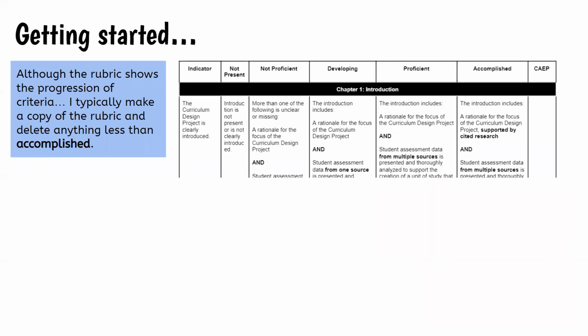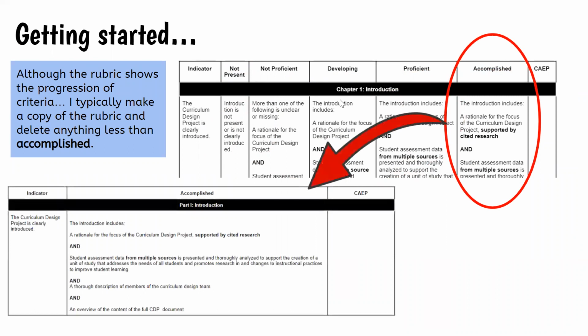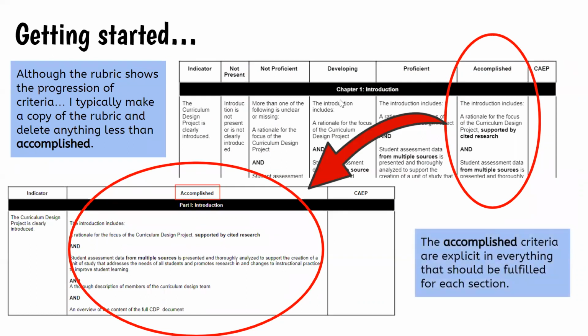When I open up those rubrics, although they show you a progression from not presented to accomplished, what I typically do is make a copy of the rubric and delete anything less than accomplished, so that it ends up looking like this. The reason I do that is because GW is really great about their rubrics.